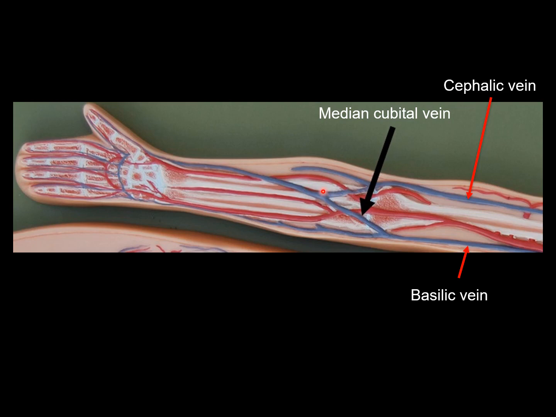So what we do see here, this crossing over here, is going to be the median cubital vein, and it continues up as the basilic vein, okay? And then over here, we've got this other branch, another superficial vein here, following kind of the outside of the arm, and that is the cephalic vein, okay? So these guys are both going to come up and they're going to merge together up in that axillary region.